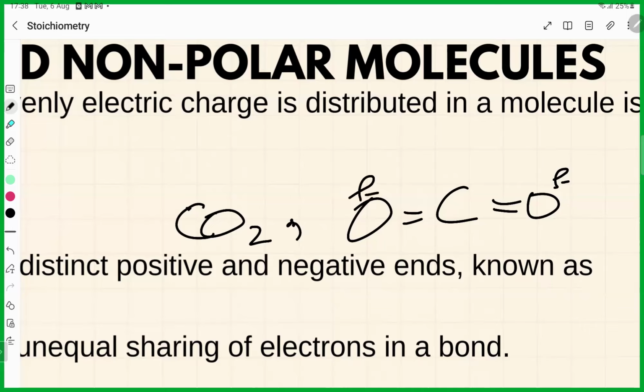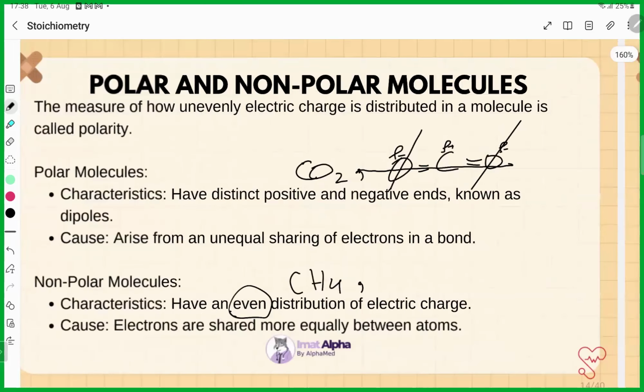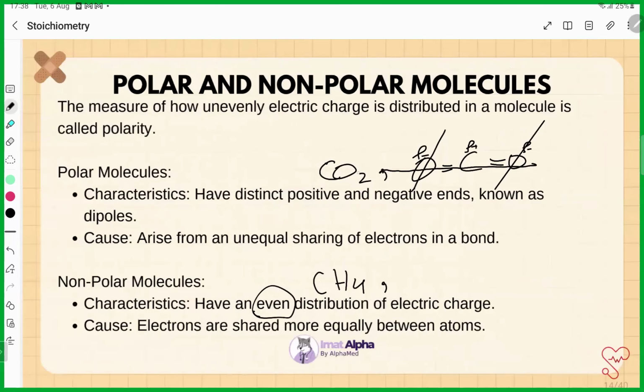Carbon is partially positive because oxygen has a higher electronegativity than carbon. We have two partially negative ends, both aligned on the same line, since carbon dioxide has a linear 3D shape. So this negative will cancel with this negative, and we end up with CO2, and this gives a nonpolar molecule.